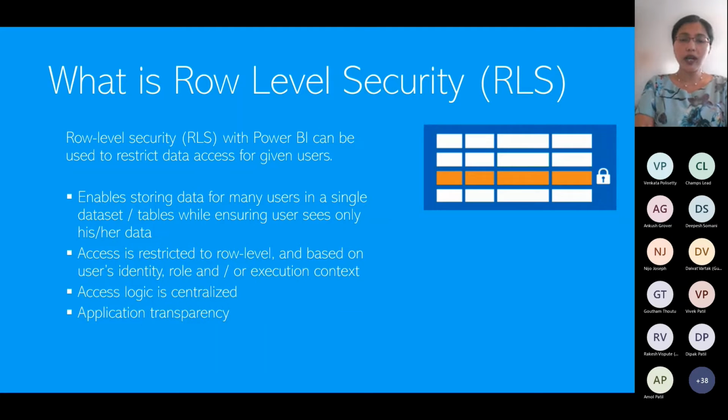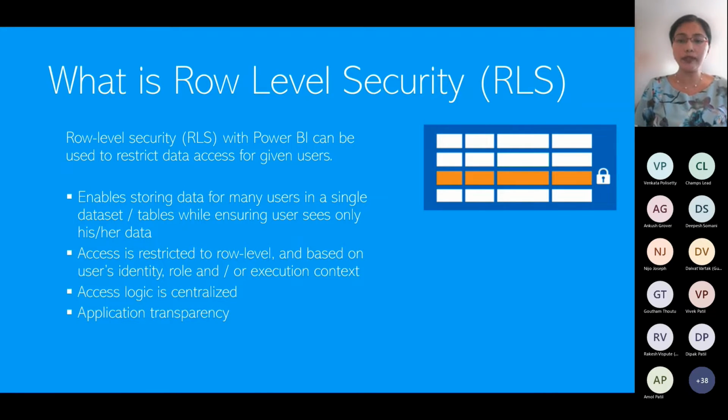Starting with row level security: what is it? This is row level security in Power BI, because we can also have row level security in the data source and other areas, such as in a cube. But today we will be focusing on how we can implement it on the Power BI side. It does a restriction of data access for given users.